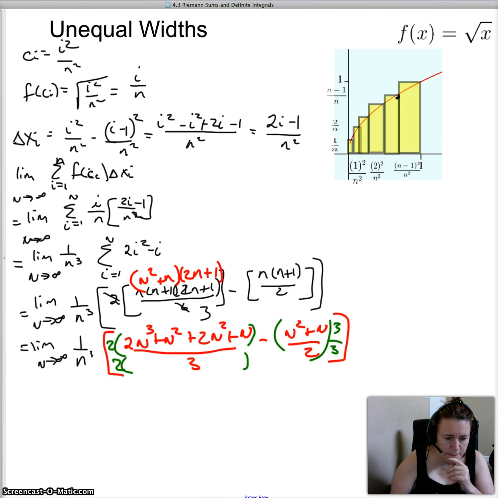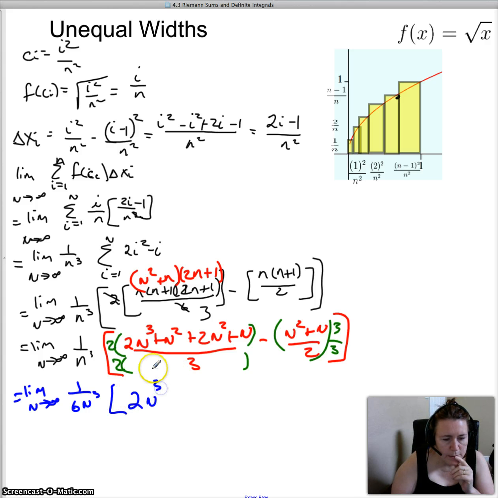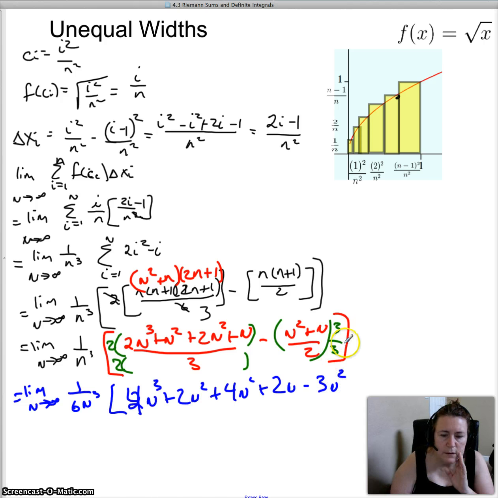So this is the limit as n goes to infinity of 1 over 6n cubed of 2n cubed, 2 times 2 is 4, sorry about that, 4n cubed plus 2n squared plus 4n squared, yes, I could have added those, plus 2n minus 3n squared minus 3n.